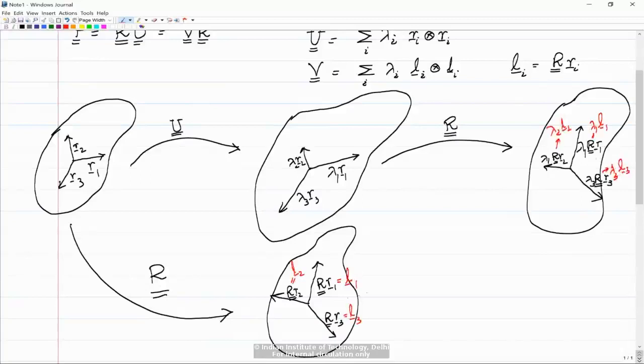So in the other decomposition, we first apply rotation and then apply this V, and the V part just stretches these L1, L2, L3, to finally get the same result. Okay, so that's the physical meaning of R, U, and V.